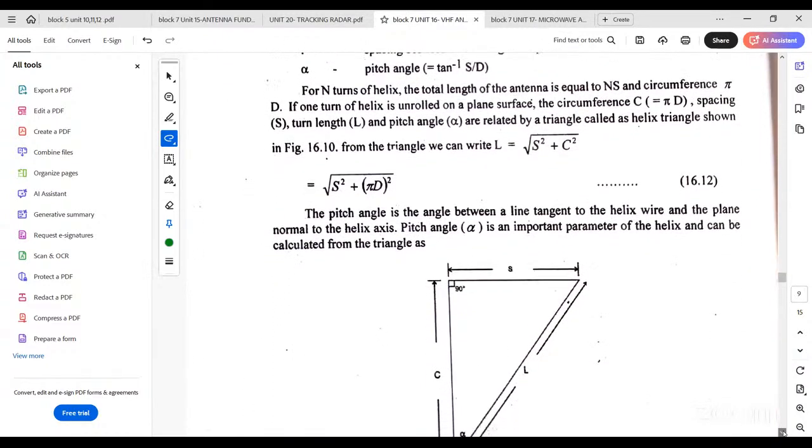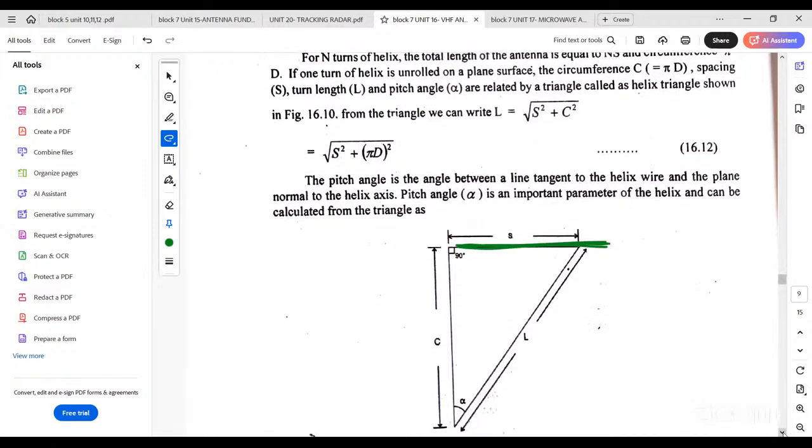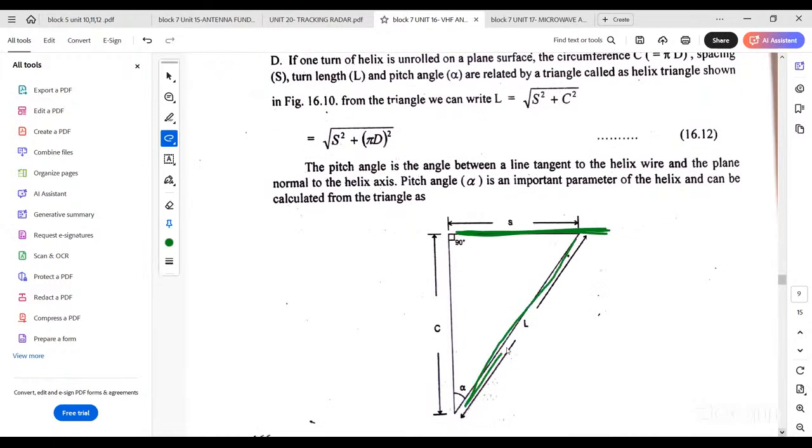For this single turn, S represents spacing. Capital L represents the length of the turn. Next we have C. C represents circumference.